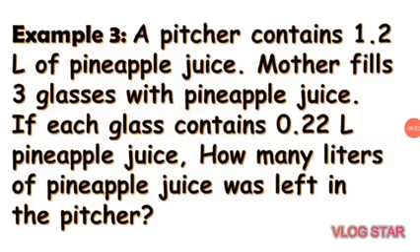For the third example, a pitcher contains 1.2 liters of pineapple juice. Mother fills 3 glasses with pineapple juice. If each glass contains 0.22 liter of pineapple juice, how many liters of pineapple juice was left in the pitcher?